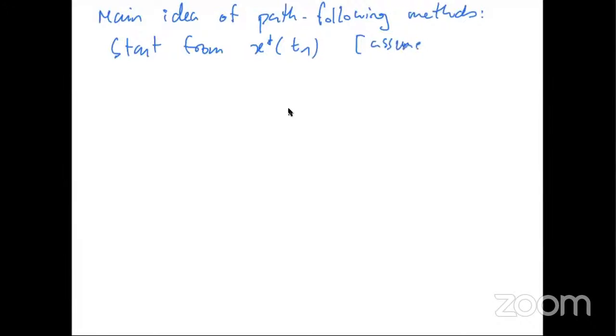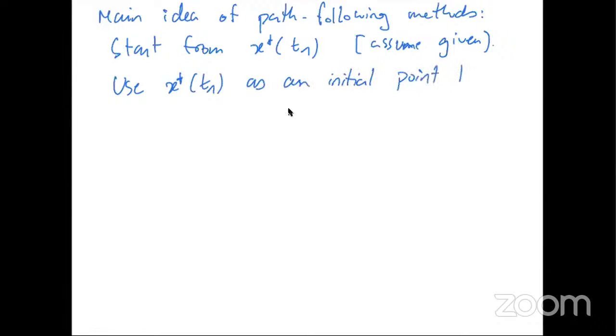It's not so easy to find, but I'm just going to assume it's given. And then use x star of t1 as an initial point to compute x star of t2, for t2 larger than t1.